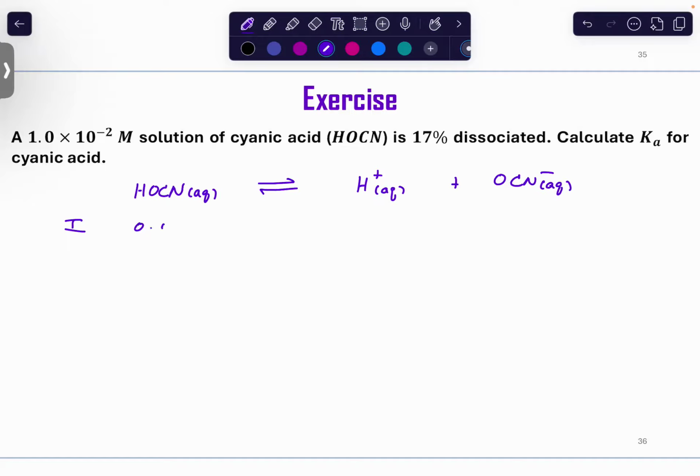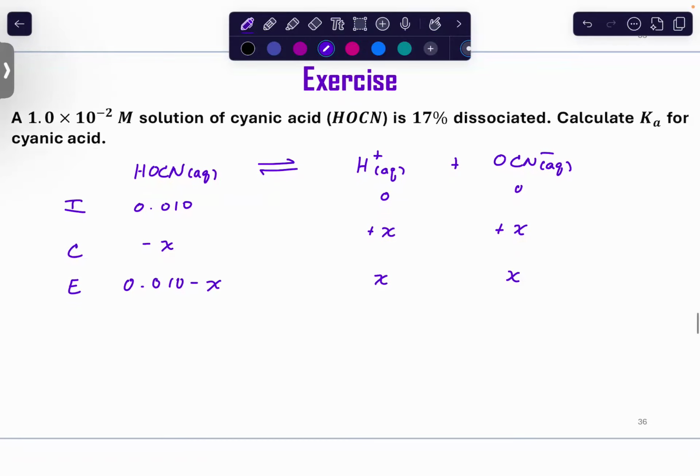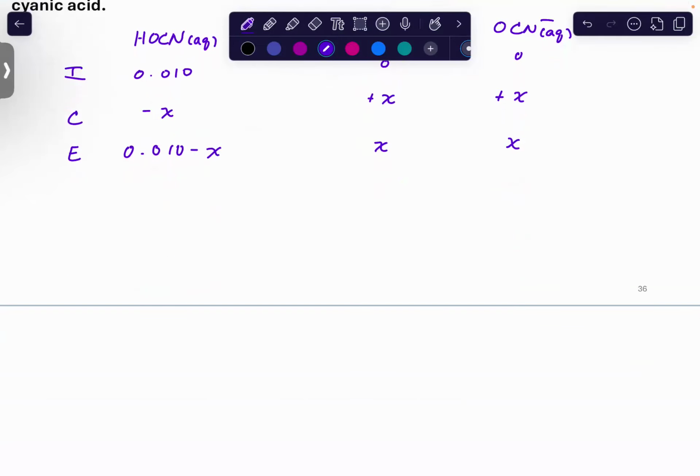Initial value. Change. Equilibrium values. Okay, so then we say our Ka.